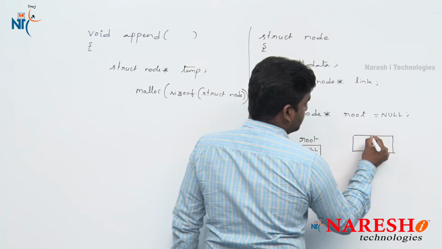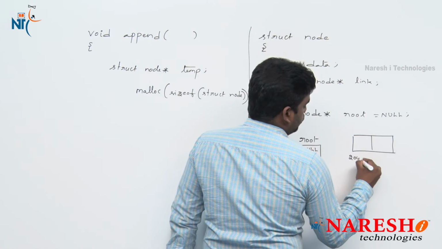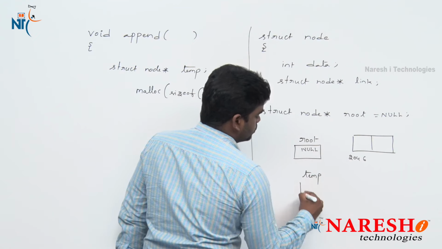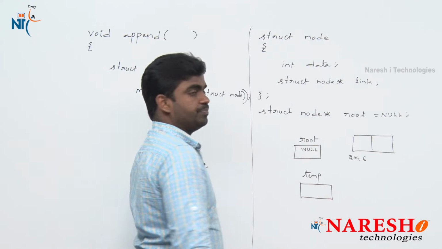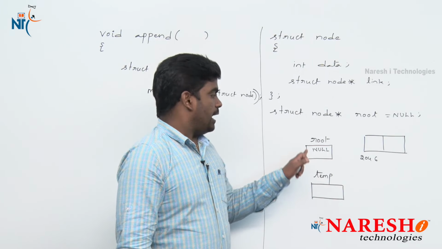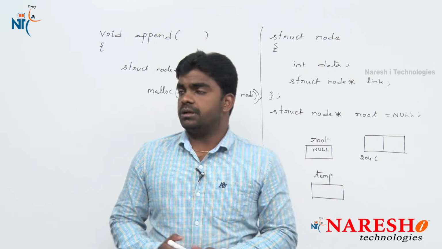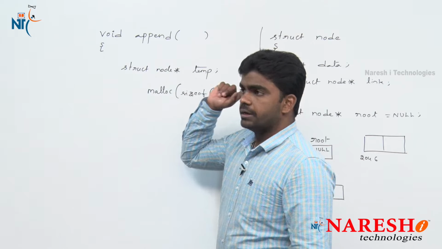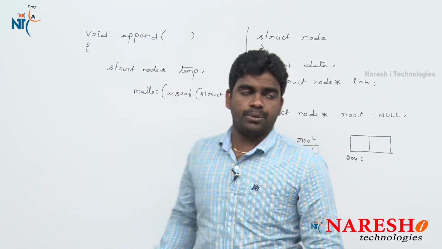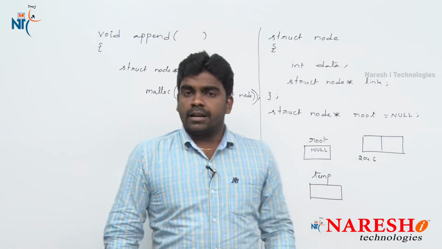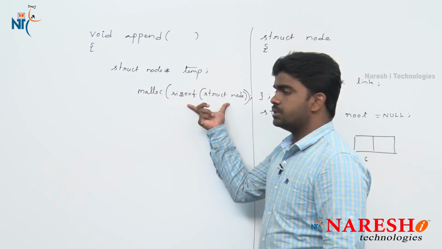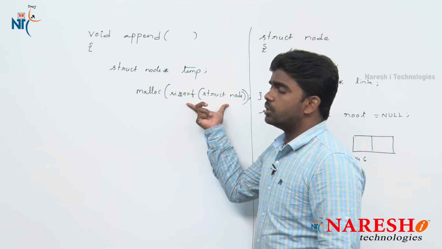A block of memory will be allocated at some location, and before that, remember, the temp variable also gets memory allocation. The temp variable is a local variable, and root is a global variable. Observe, root is already created. Now the local variable temp gets memory allocation. Next, using the malloc function we allocate memory to the node type structure.